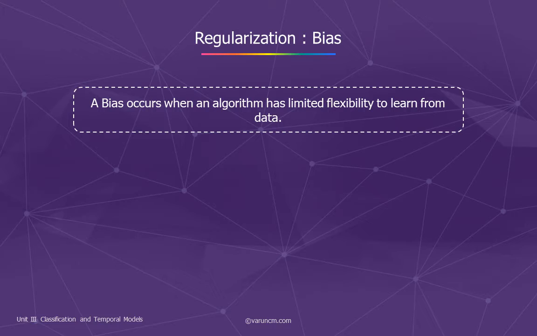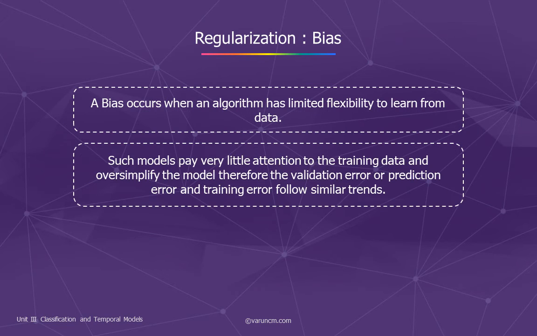This bias occurs when an algorithm or the model has limited flexibility to learn from the data. So when such models or algorithms pay very little attention to the training data, they just simplify, or we can say oversimplify, the data or the model.